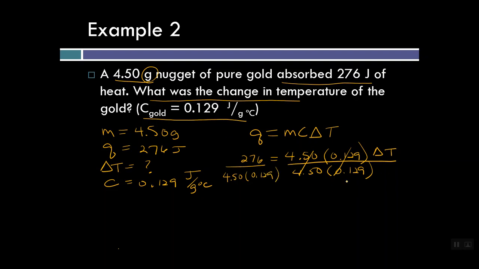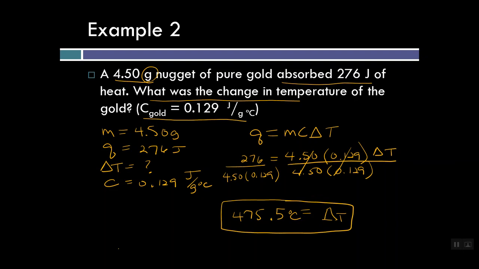All right, and I'll just put that into my calculator. All right, so I get my change of temperature is 475 point, I'll go ahead and just go to the tenths place, so I'll say 0.5. And then temperature is degrees Celsius.